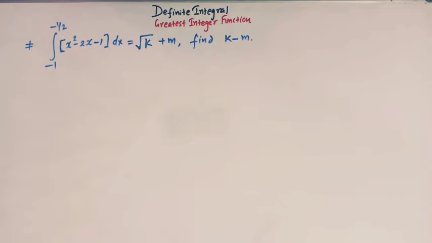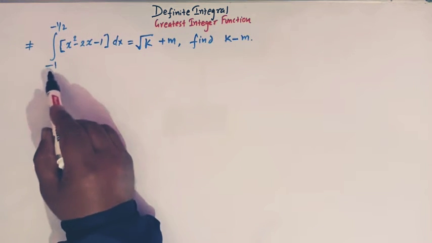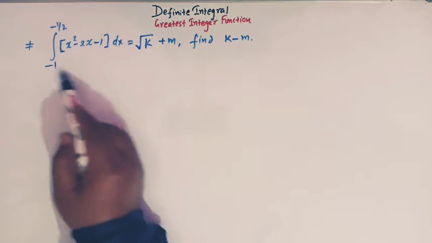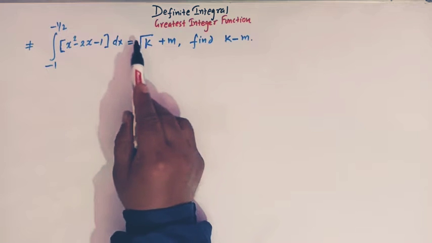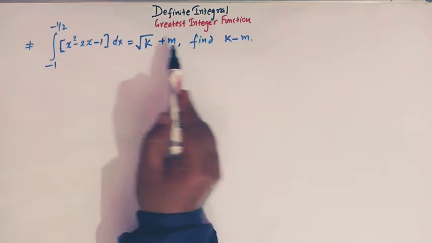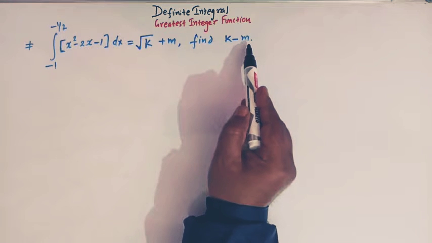Hello viewers, in today's class we are going to discuss an important definite integral involving the greatest integer function. Here we have to solve this integral, which is given to be equal to square root of k plus m, and we have to find the value of k minus m.